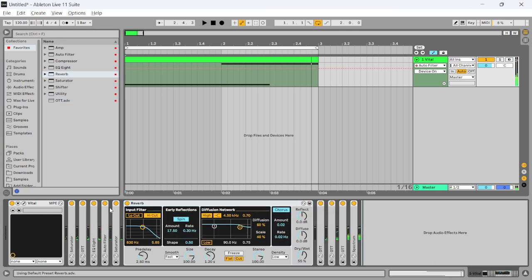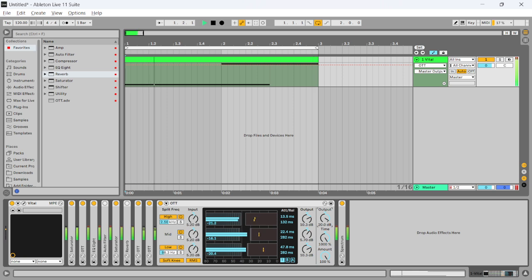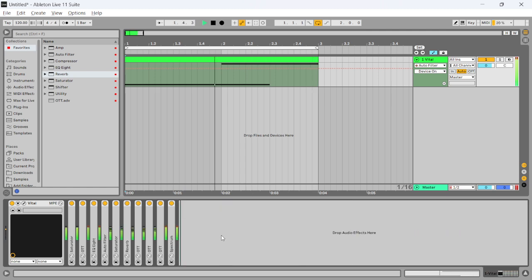You can also use like a reverb for this, and that has a very cool effect, which is you take, and that is pretty much it, guys. That is how you make a Neuro bass.